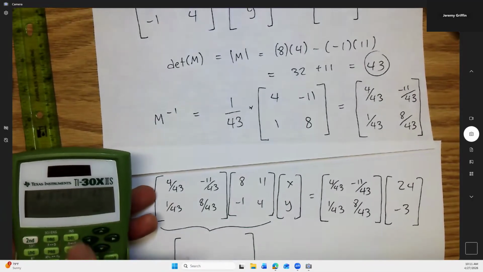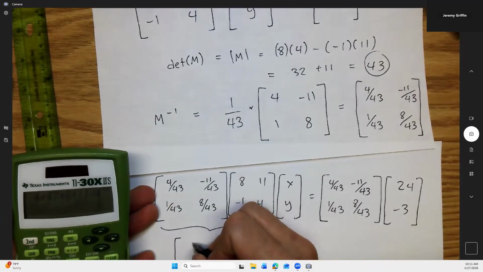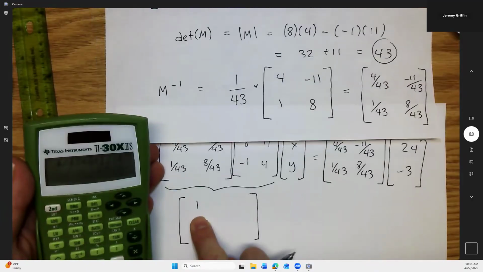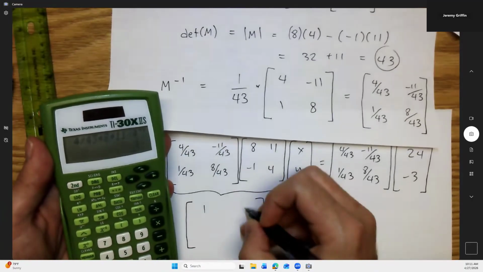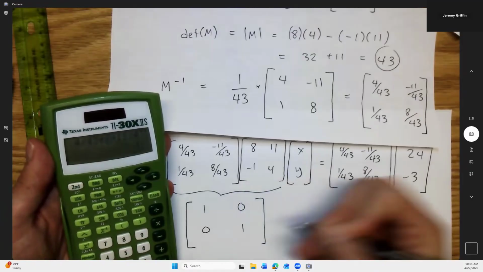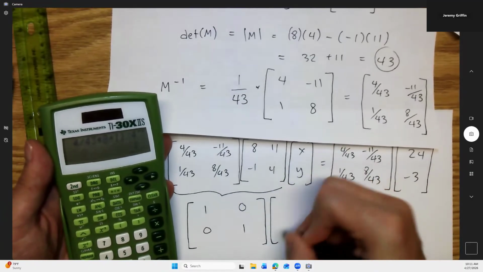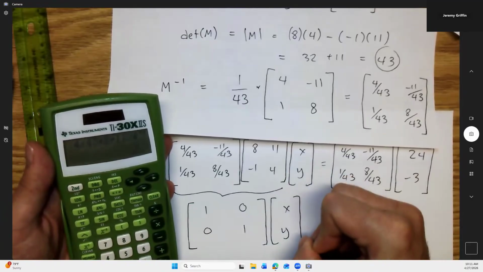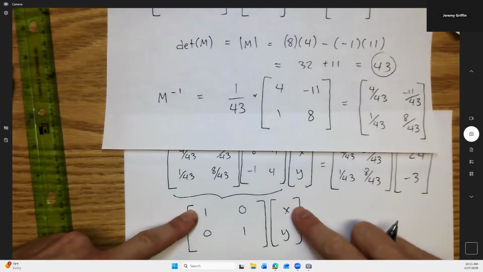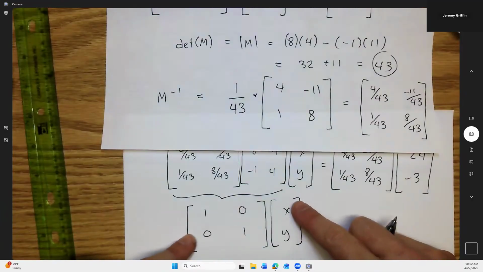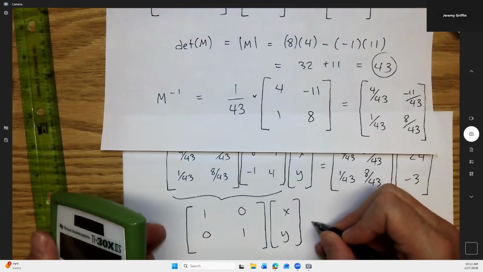And I get a 1, as I should. If I tested all the other elements, I should get 0, 0, 1 to make the identity matrix. And then I have xy, because x plus 0y is x, and 0x plus y is y. That makes sense.